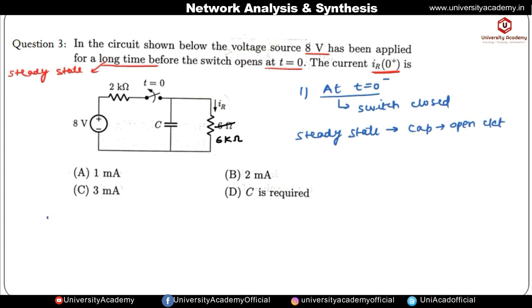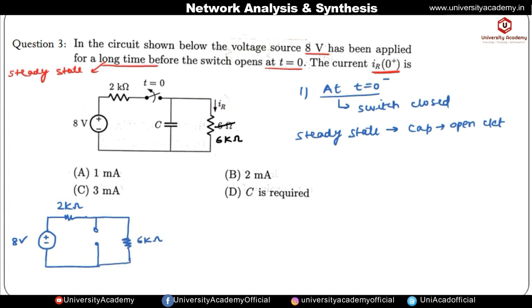The circuit has the 8 volt voltage source and a 2 kilo ohm resistance. At t equal to 0 negative the switch is closed, and under the steady state the capacitor becomes an open circuit, and this resistance is 6 kilo ohm.